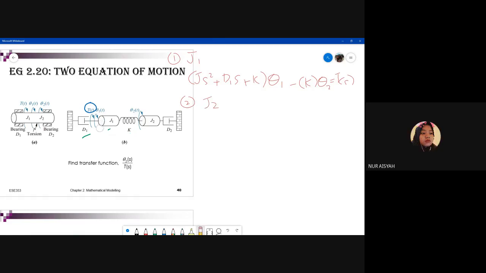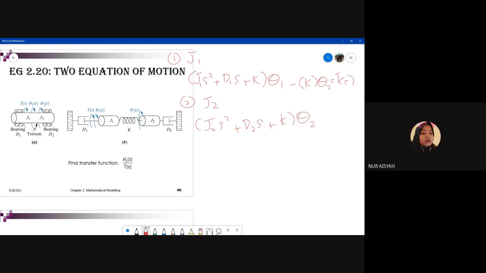For J2, what impedance is connected to angular displacement 2? J2 s squared plus D2s, plus K, and this is multiplied with angular displacement number 2.